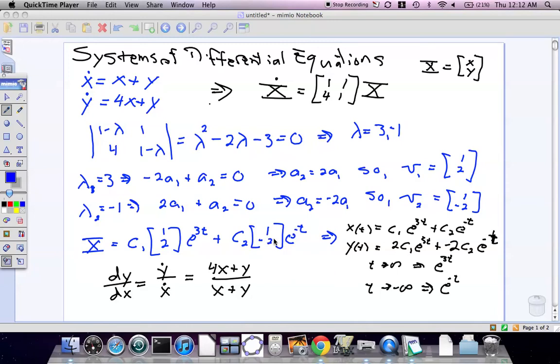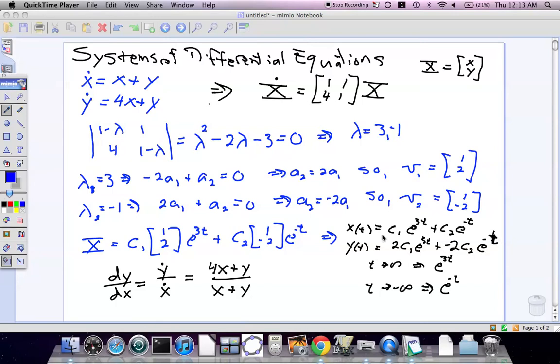We can then rewrite that as x of t is c1 e to the 3t plus c2 e to the negative t, this being 1 and 1 for x. Down here I have 2 and negative 2 for y, so y of t is twice c1 e to the 3t minus 2c2 e to the negative t.